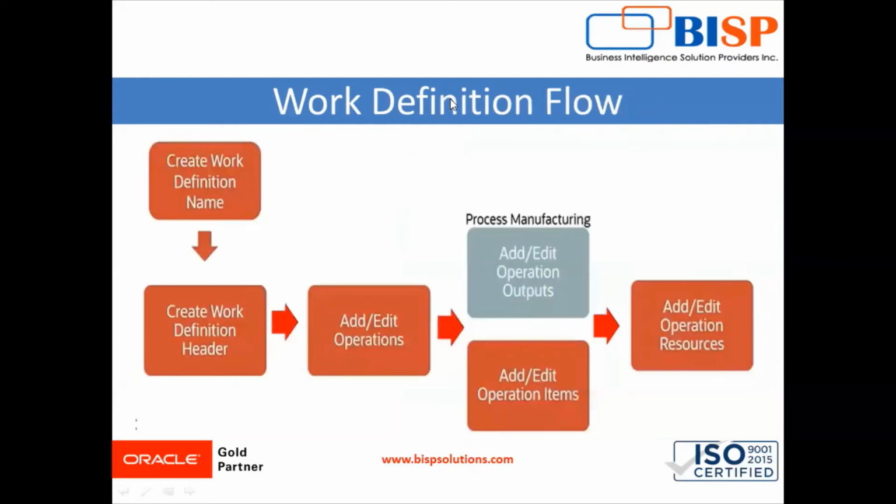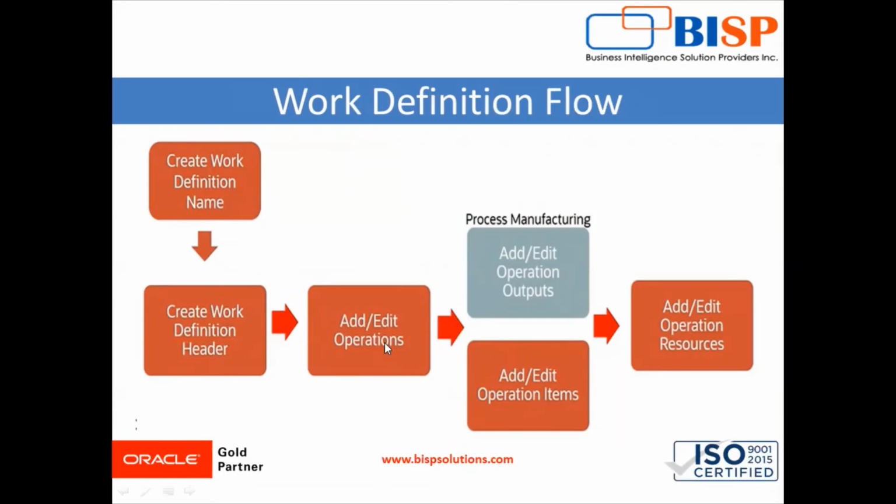Now the work definition flow. In the work definition flow, first a work definition requires a definition name. The diagram depicts the major steps for creating a new work definition. First we have to create a work definition. After that we create the work definition header, in which we fill in all the work definition header details.